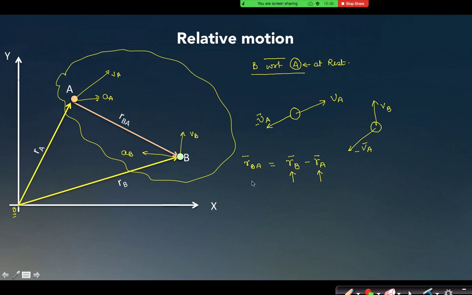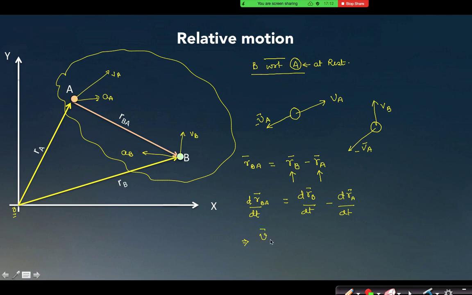Now if I simply differentiate this, then what will I get? dRBA by dt is equal to dRB by dt minus dRA by dt, right? So what is d/dt of RBA?